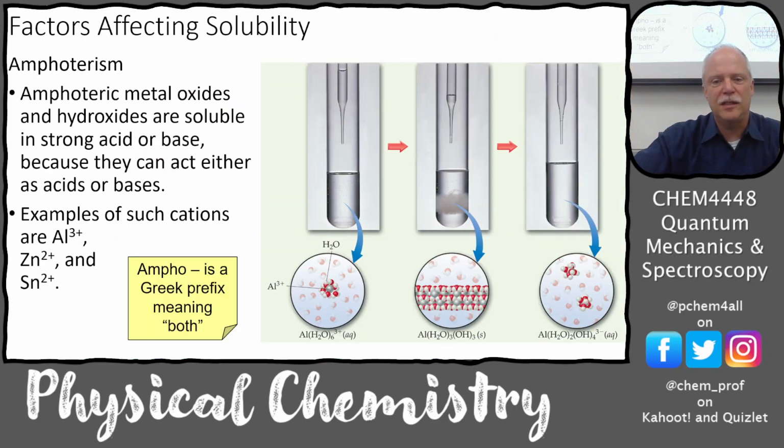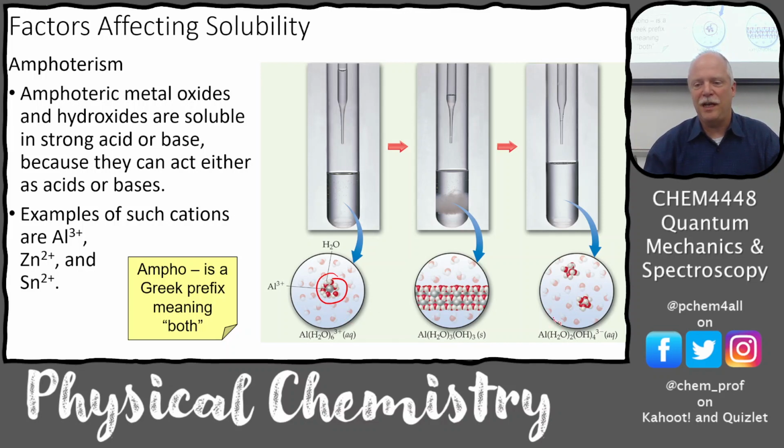There are some substances that are soluble in acid, soluble in strong base, and they precipitate in the middle regions. And aluminum is one of those, like aluminum hydroxide. So in strong acid, there's no hydroxide left, and so you have aluminum ions in solution. So they're surrounded by water.